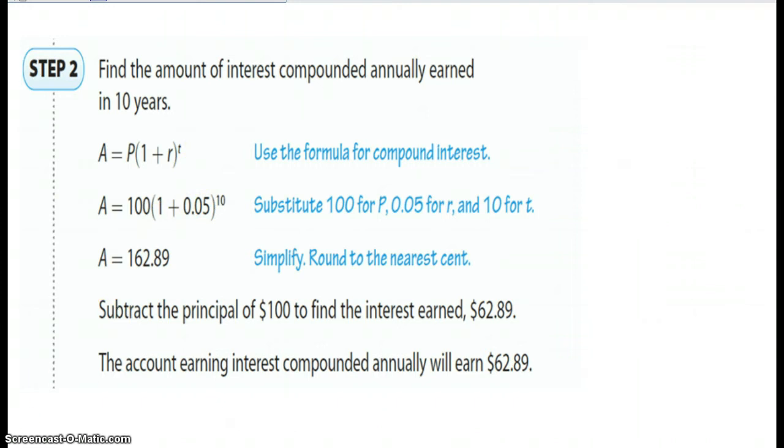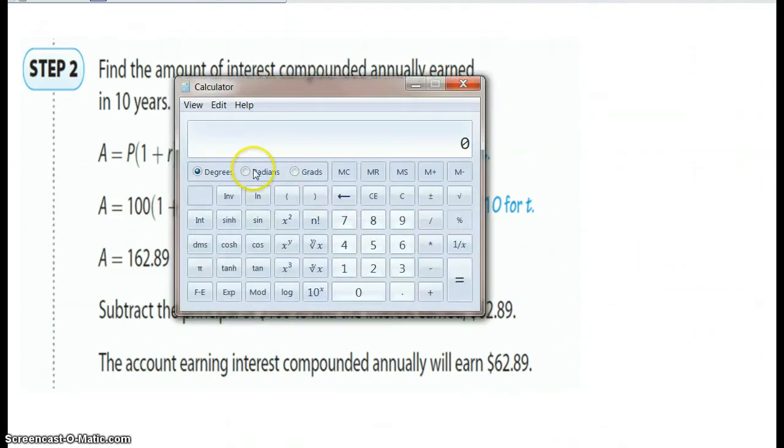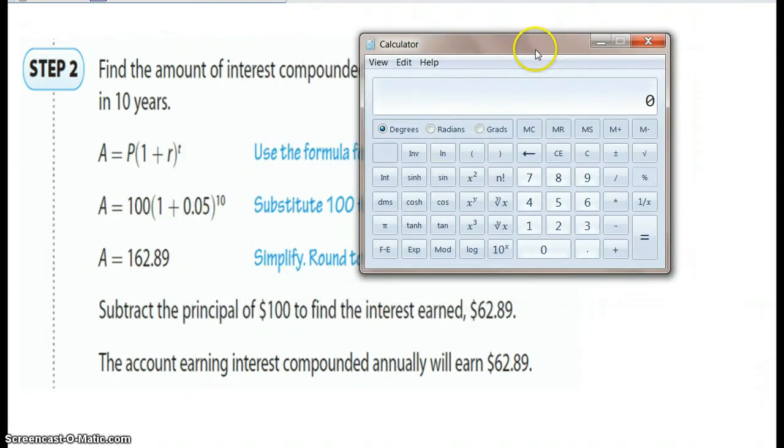So I'm going to bring up my little calculator right quick, and hopefully we can see how we have to do this raising. So we're looking at 100 times, and I'm going to put in parentheses 1 plus 0.05, close my parentheses, and raise all of that to the 10th power.